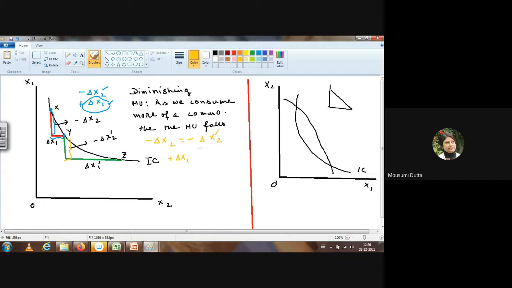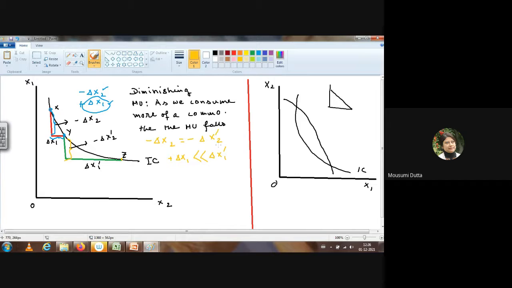Now, when I am sacrificing X2 further by the same amount, which is given by delta X2 prime and is equal to delta X2, I want additional delta X1 prime amount of X1, where this delta X1 prime is very much greater than delta X1.